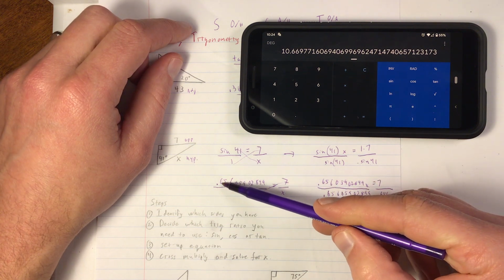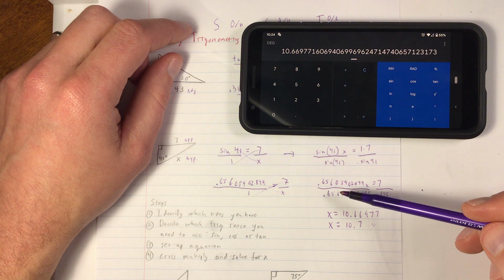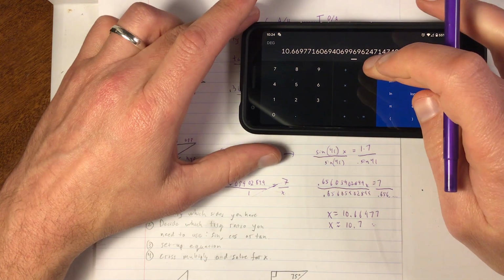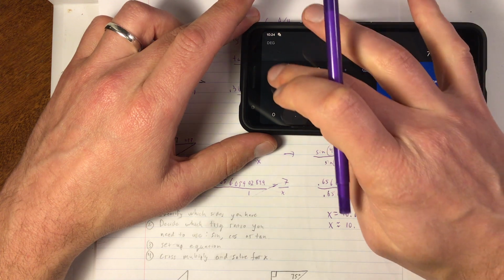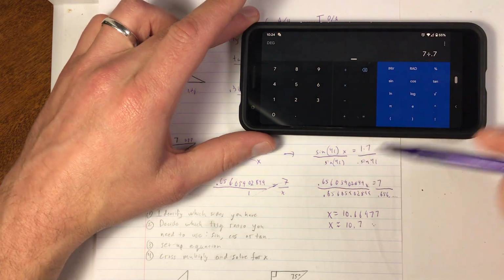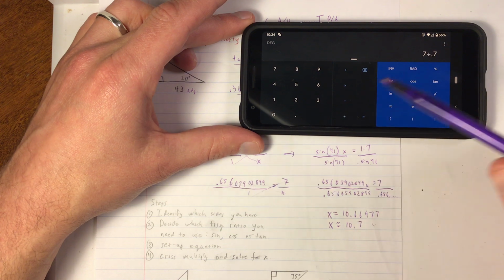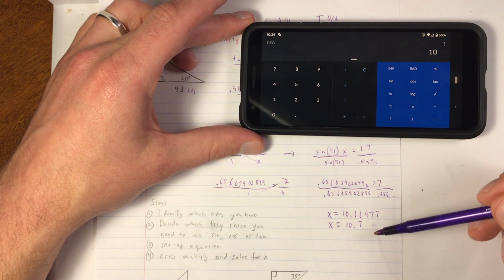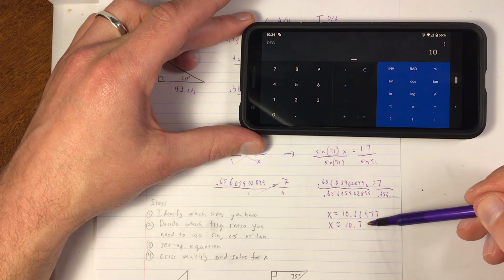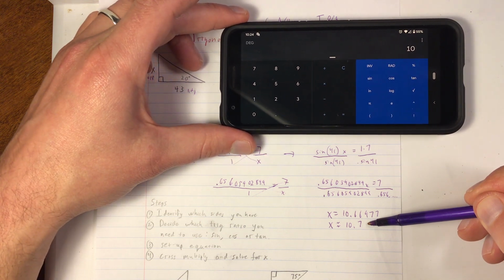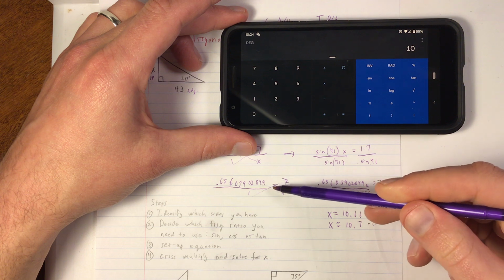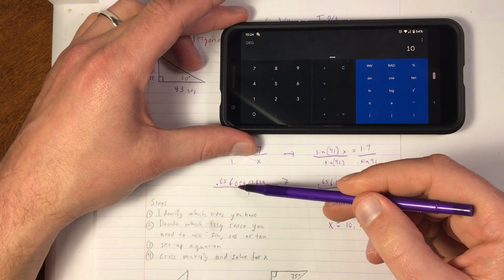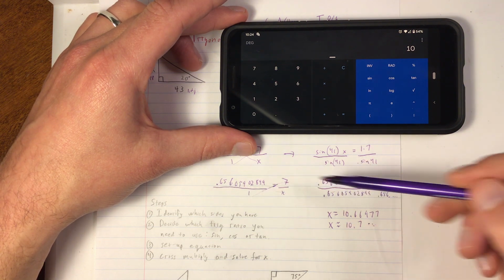If you round early, your answer is going to be way off. 7 divided by 0.7. If I round to the nearest tenth early, I get 10. That's a little too different from 10.7. So don't round early. Go out 5, 6 digits.